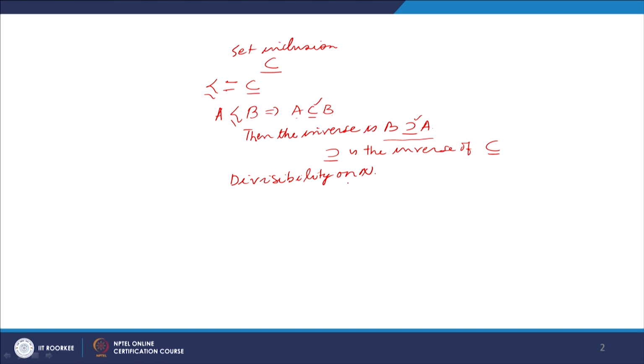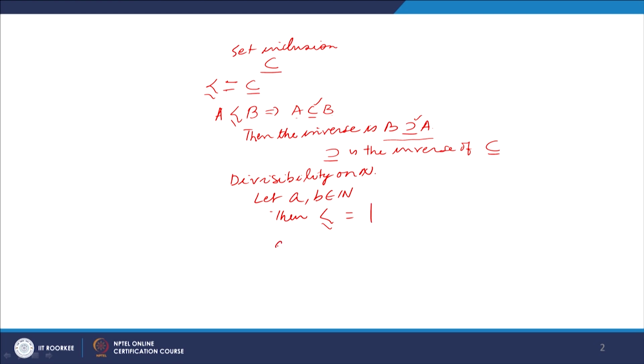Now, the next case was divisibility on N. Let us see what is the inverse of divisibility on N. So, let A, B belong to N, then this notation is division.